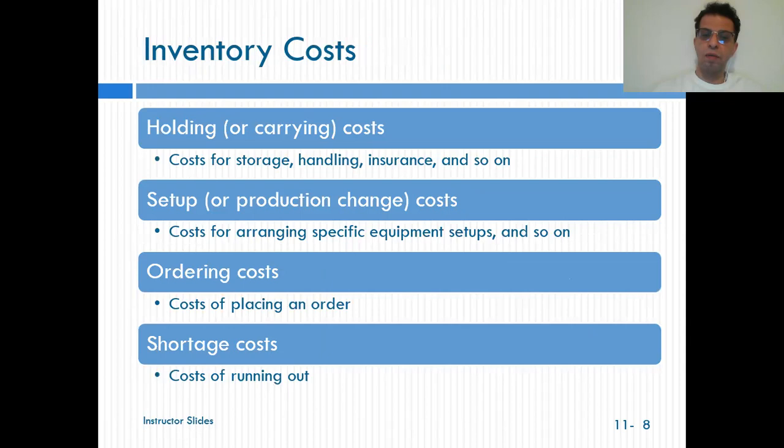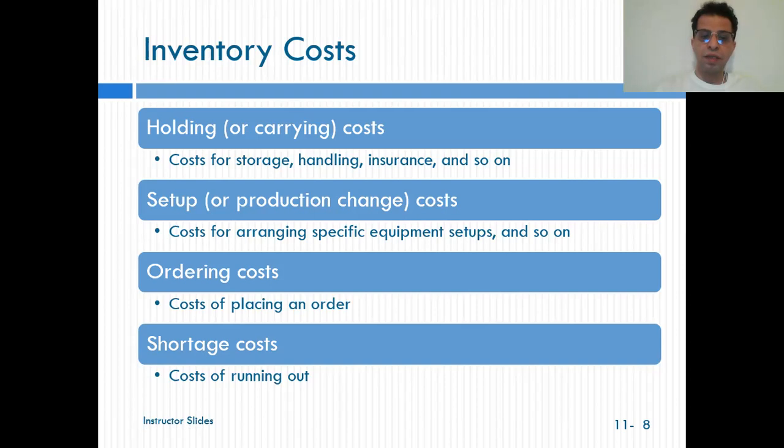Now, when we're talking about inventory cost, there is what you call the holding or carrying cost: the cost for storage, handling, insurance, and so on, and defective products, maybe some of them.